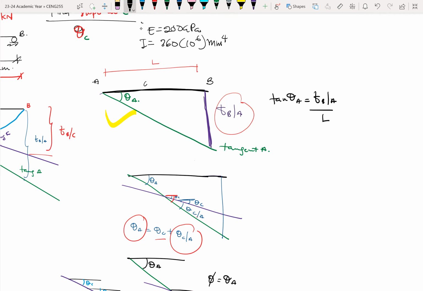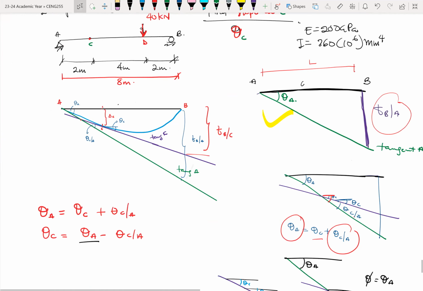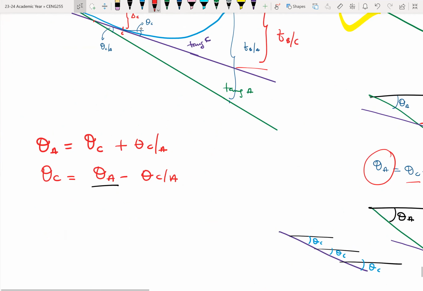But because the angles are very small, we can assume that tan theta A is almost the same as theta A. So then theta A is equal to TBA over L. So this equation then becomes theta C is equal to TBA over L minus theta CA.